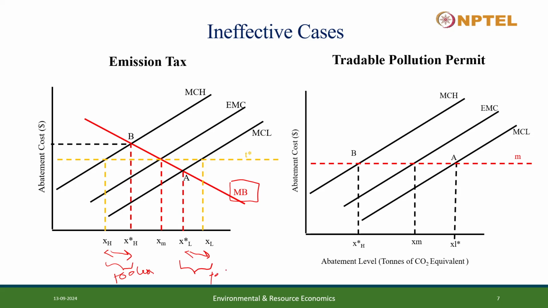So here we have too much emission. From here we can say that the emission tax system is ineffective when our MB curve becomes steeper. And in the tradable pollution permit system, when we have an MB curve which is flat, then the gap between XM and XH star and XM and XL is higher. So this is ineffective.